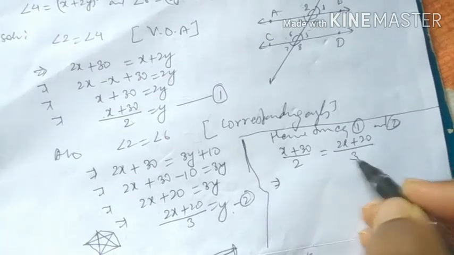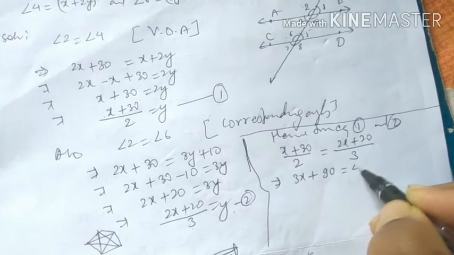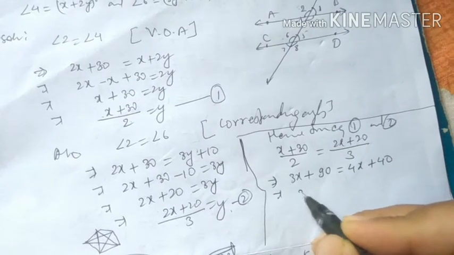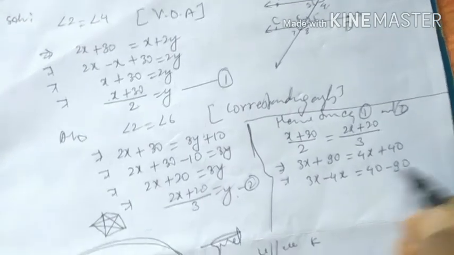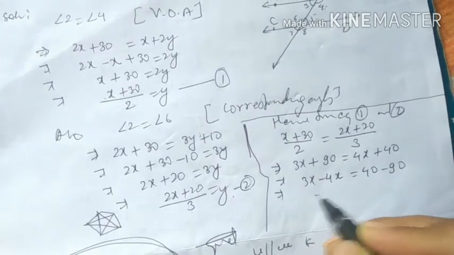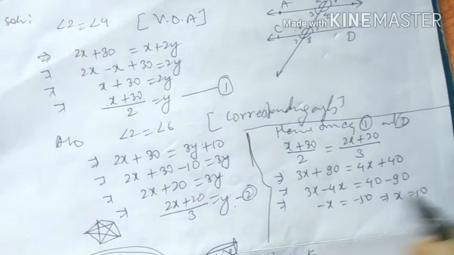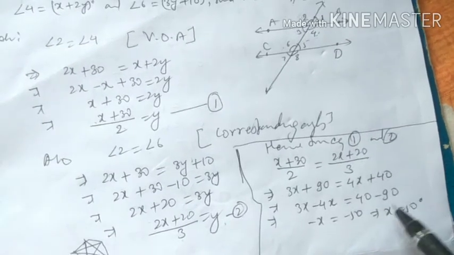After cross multiplication, 3x plus 90 equals 4x plus 40. So 3x minus 4x equals 40 minus 90, and this implies minus x equals minus 50, so x equals 50. We have found x is 50.